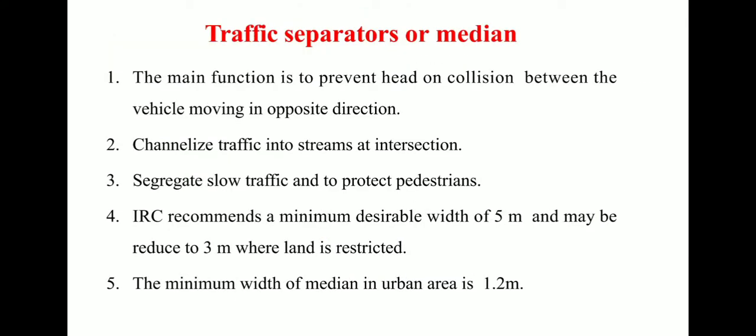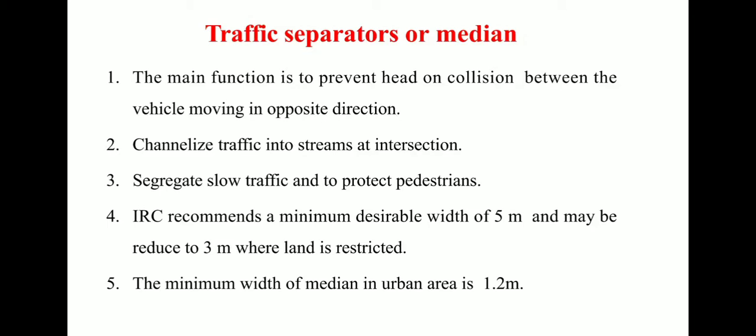Now the next topic we have is traffic separators or medians. The main function of traffic separators or medians is to prevent head-on collision between vehicles moving in opposite directions. Many times if you move in the cities, you can see there are separators provided between the two lanes, right? This helps to prevent head-on collision.